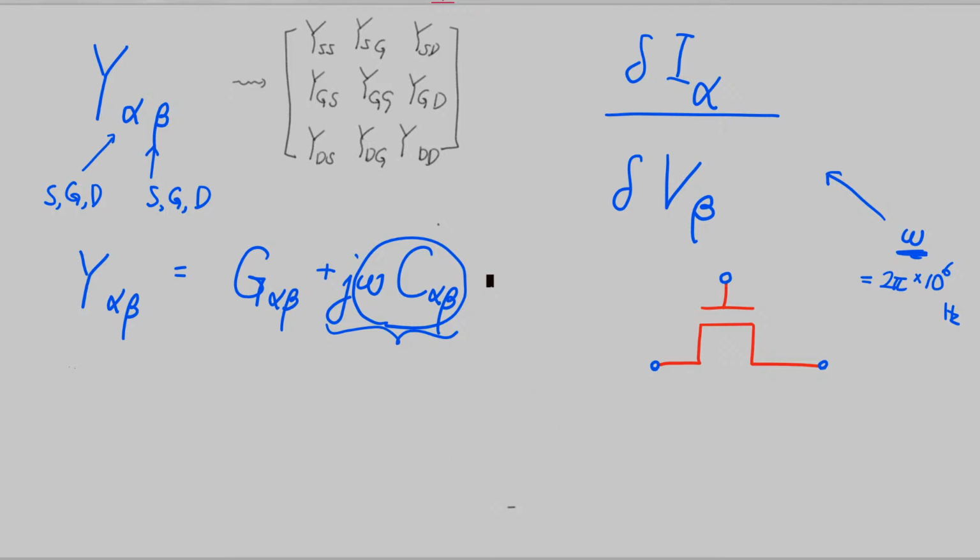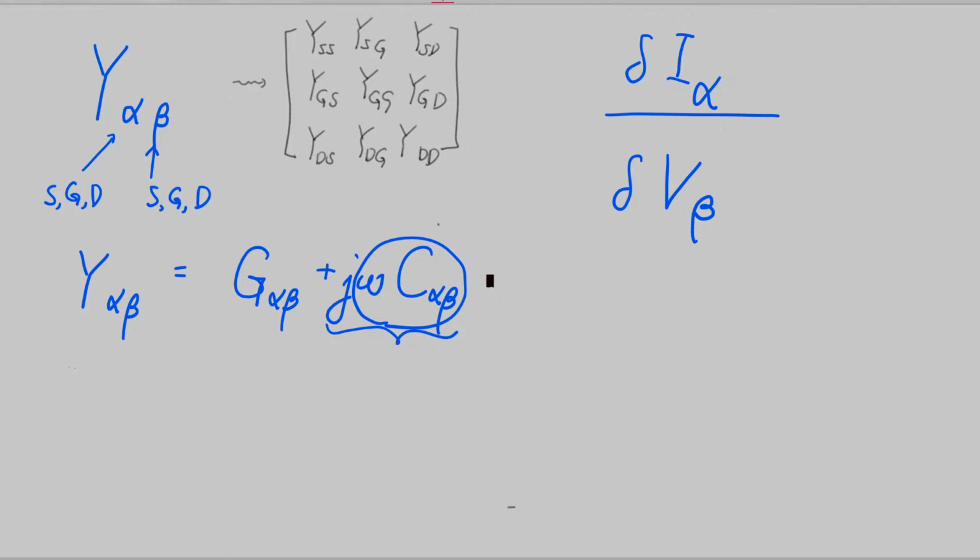Now it becomes quite obvious that even though we are working with quite a low frequency, like even 1 megahertz, we have to be able to calculate the out-of-phase component, which is not available to us with the quasi-static approximation.